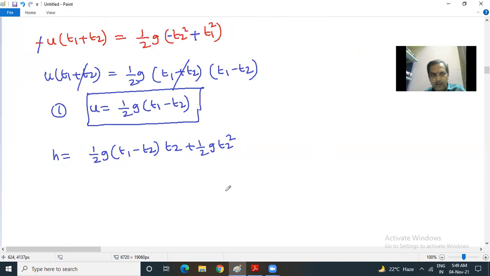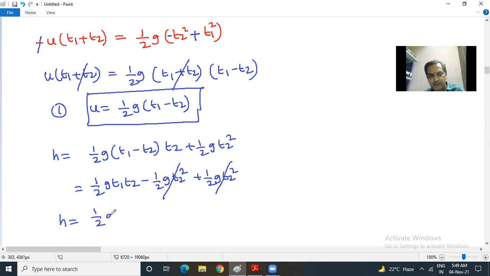Now let me continue. Half g t1 t2 minus half g t2 square plus half g t2 square. So these two get cancelled. So you'll get height of the tower h is equal to half g t1 t2.